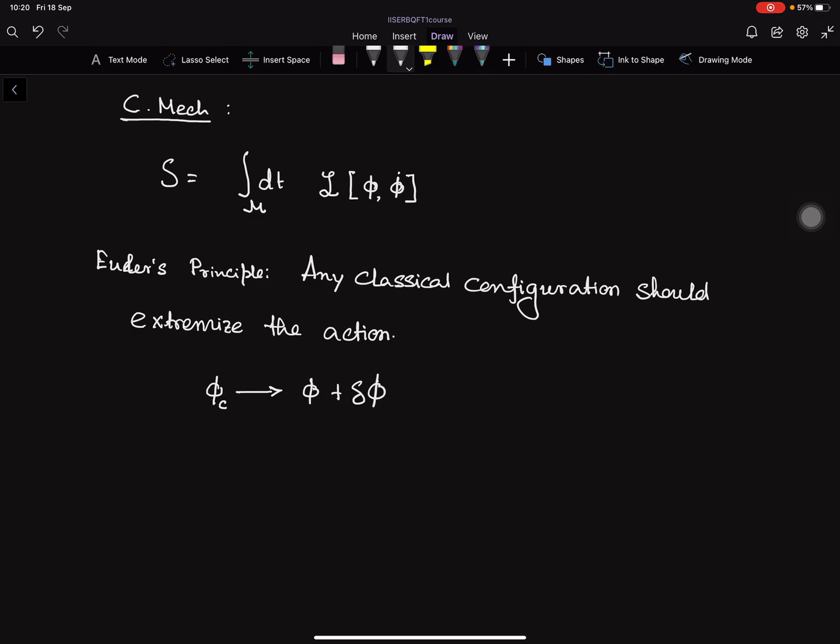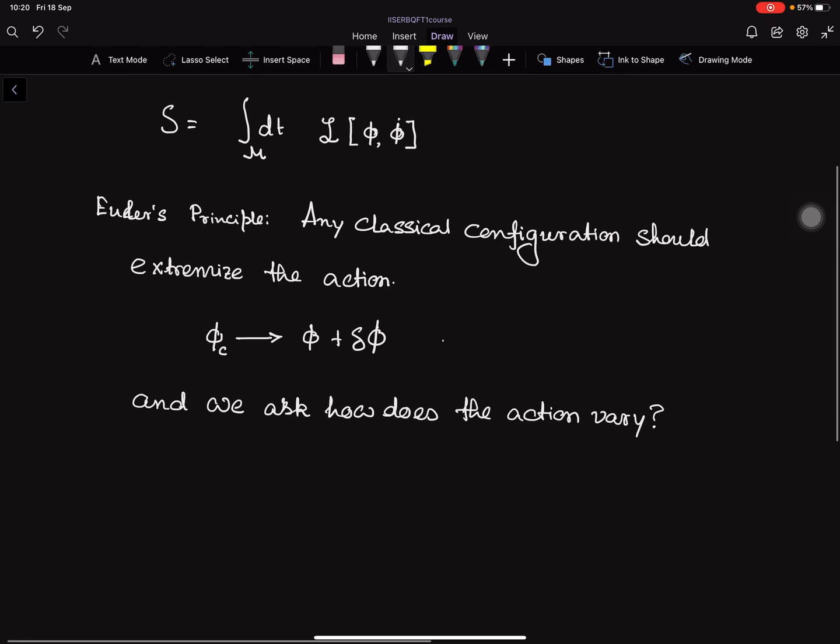Okay, and we ask how the action varies. So let's check it.